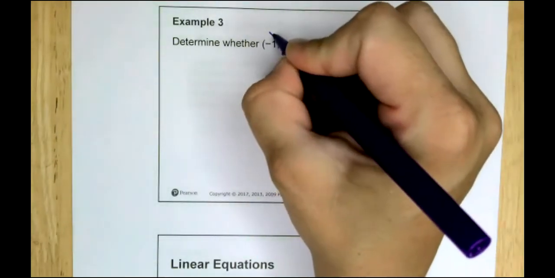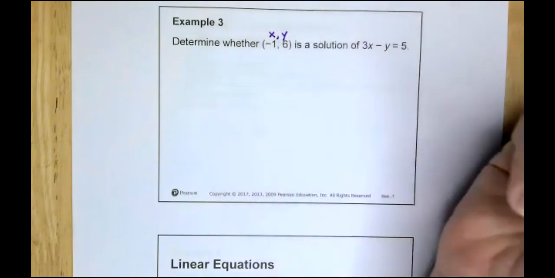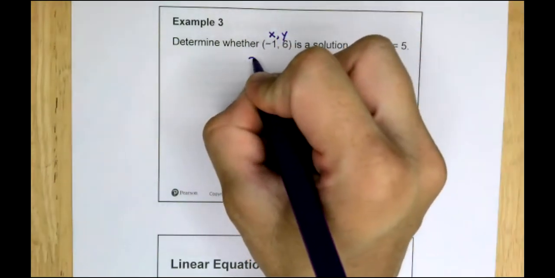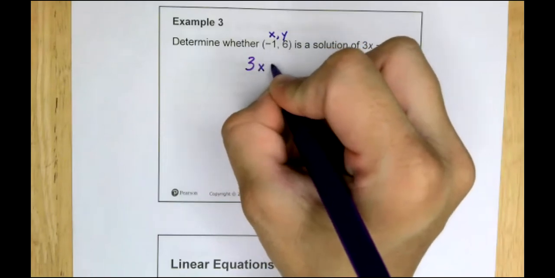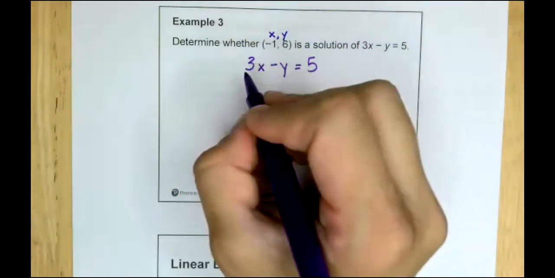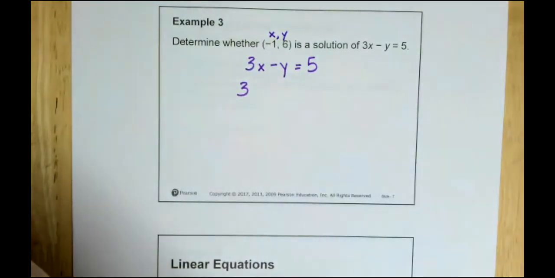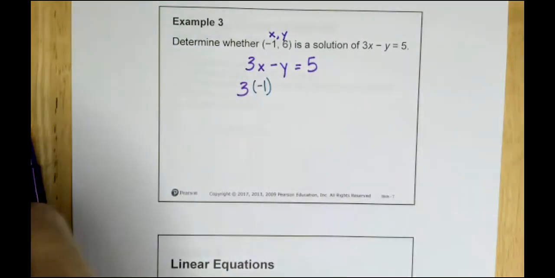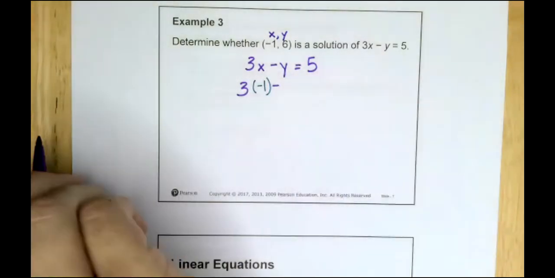So I always label x, y. All right, did you try it? 3x minus y equals 5. X is -1. Y is 6.